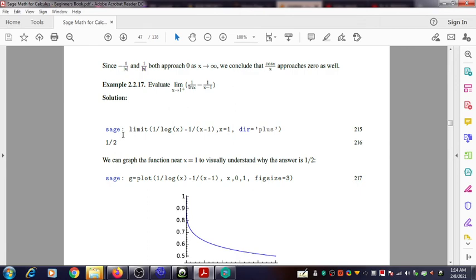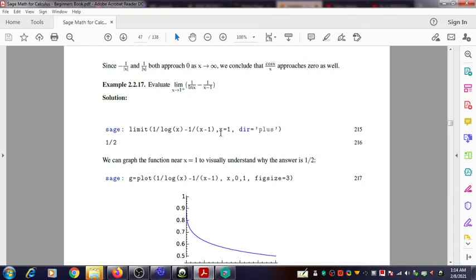For that you can write the command limit, then in brackets 1 divided by log x minus the second part of the function, 1 by x minus 1, and then a comma and x equal to 1. At the point x equal to 1 we want to find the limit.